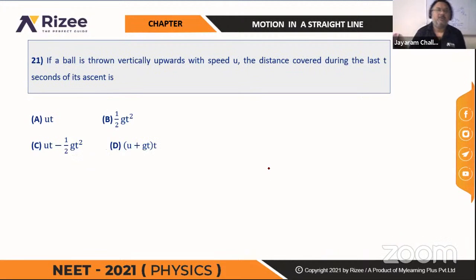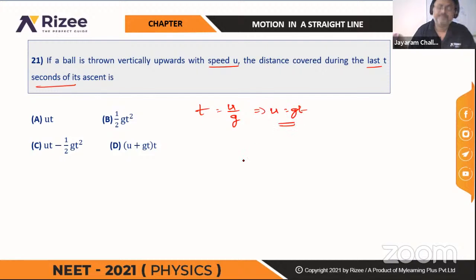Next one. A ball is thrown vertically upwards with the initial speed u. Find the distance covered by it in the last t seconds of its ascent. So what is the time of ascent formula? u by g, so the initial velocity is u is equal to gt.